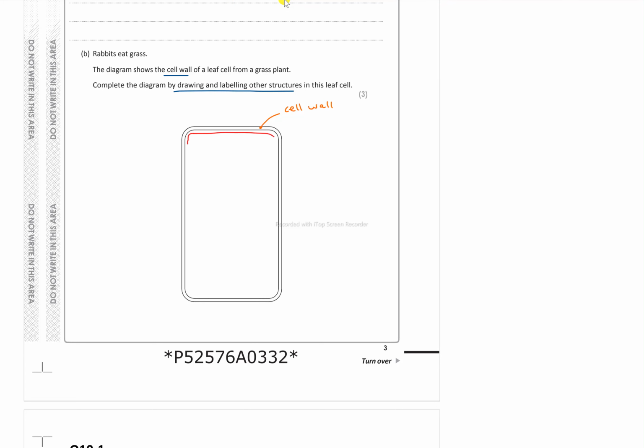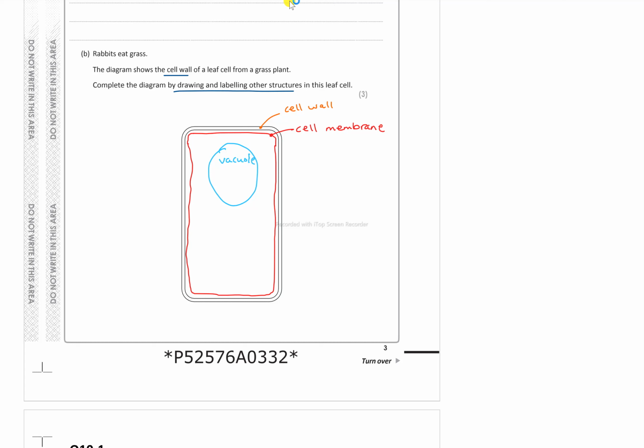You have to be patient with this. There you go. That is the cell membrane. You've got a big plastic pack of water. That is called a vacuole. Let's write that carefully. Vacuole.